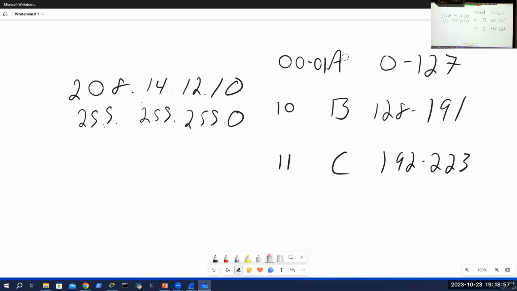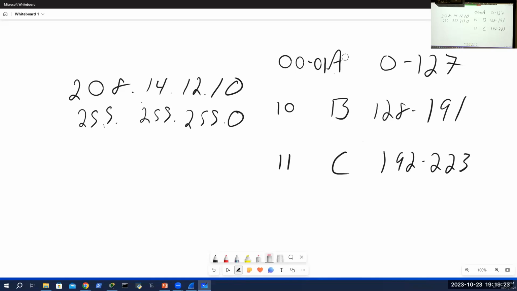But we don't assign class D addresses to computers ever, only A, B, and C. So that's the other thing. The first octet can't be 0. 0 is reserved. So the first octet has to be in the range of 1 to 223 in order for it to be a valid IP address to assign to a computer.